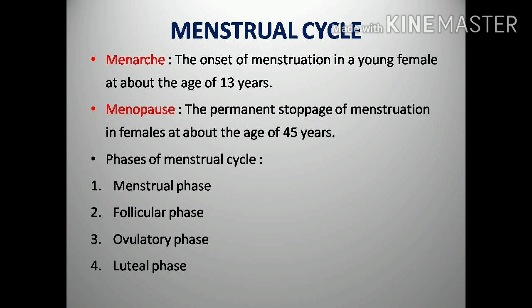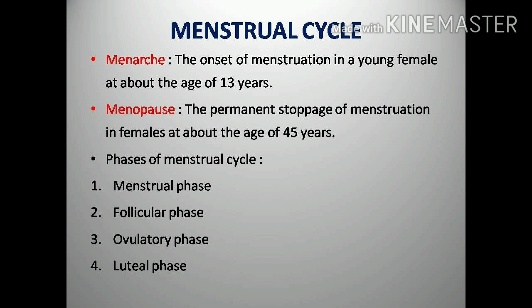This period is marked by a characteristic event repeated almost every month, that is every 28 days with minor variations, which we can see in the form of a menstrual flow. It may be temporarily stopped only by pregnancy.